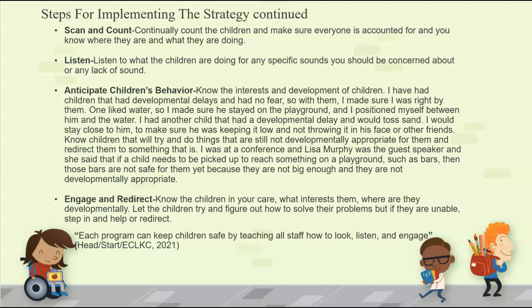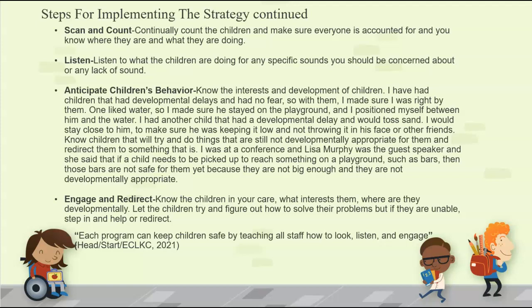Anticipate children's behavior. This means you know the interest and the development of children. I've had children with developmental delays where they had no fear. So if they saw water, they didn't have a problem running down to water. So with some of those children, I wouldn't even take them to a park that was close to water. Or if we did, I made sure I was between them and the water, and I always knew exactly where they were.